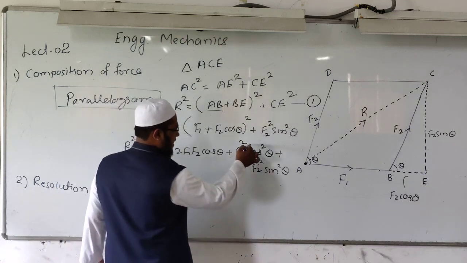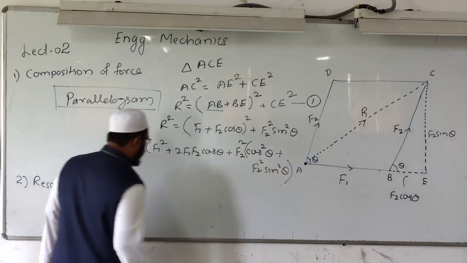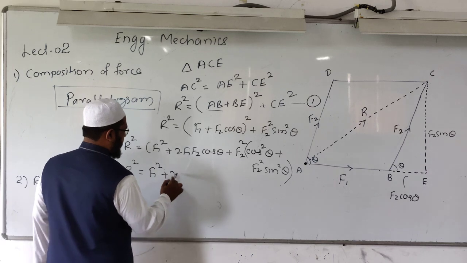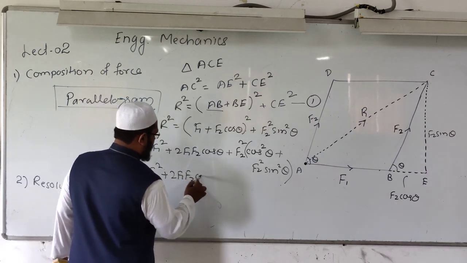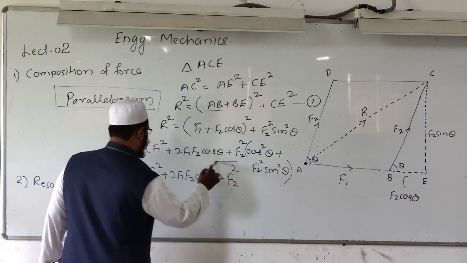We will take F2 square common. So the equation will become R square equals F1 square plus twice F1 F2 cos theta plus F2 square.